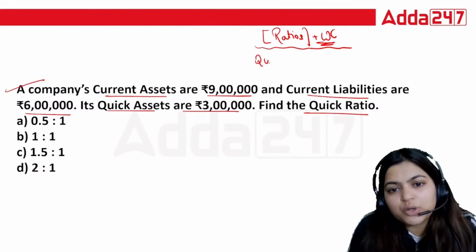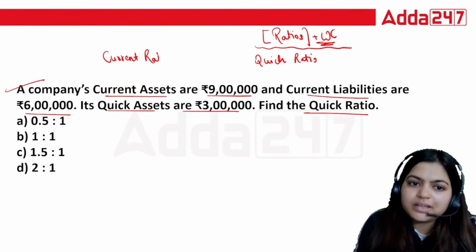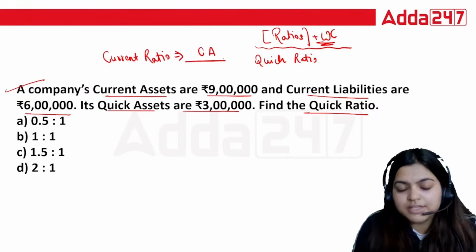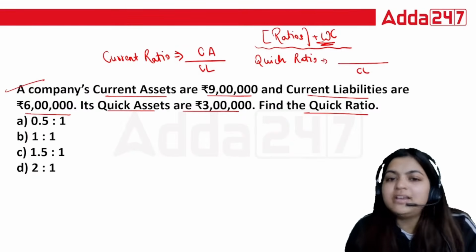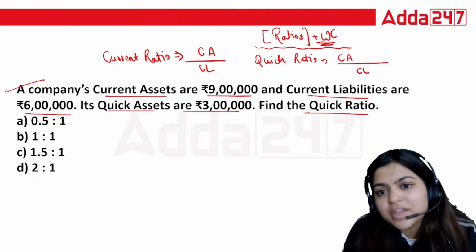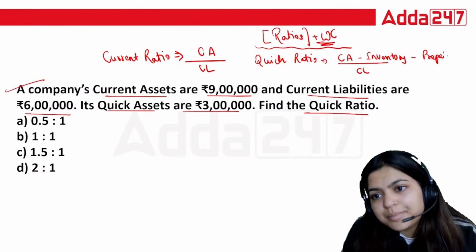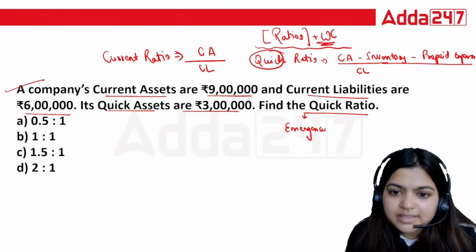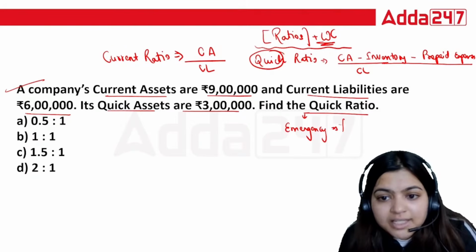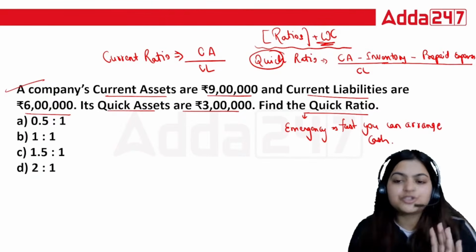First, we need to discuss the quick ratio. Just now we have seen the current ratio, current assets divided by current liabilities. Here also in the denominator you take current liabilities. The difference is that you subtract from current assets the inventory and prepaid expenses. Why? Because for the quick ratio, they want to know how fast you can arrange cash in case of emergency.